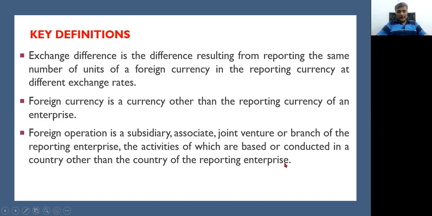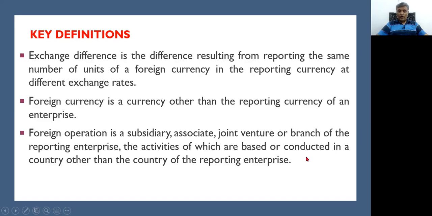For example, if the head office is in India and I have a branch in Singapore, that is called a foreign operation. It could be a subsidiary, an associate, a joint venture or a branch, it could be anything. And within that, you have an integral foreign operation as well as a non-integral foreign operation.